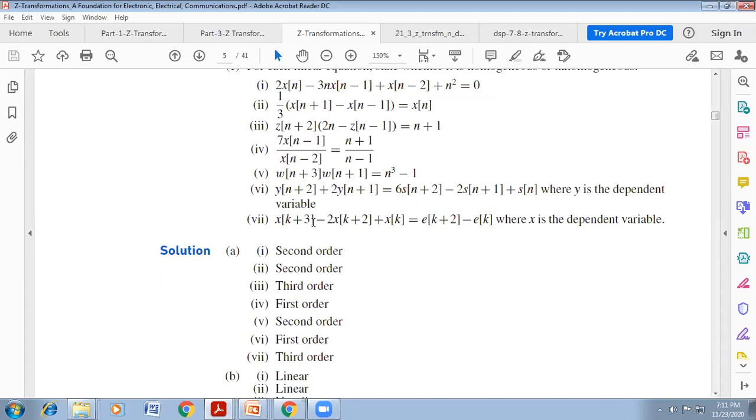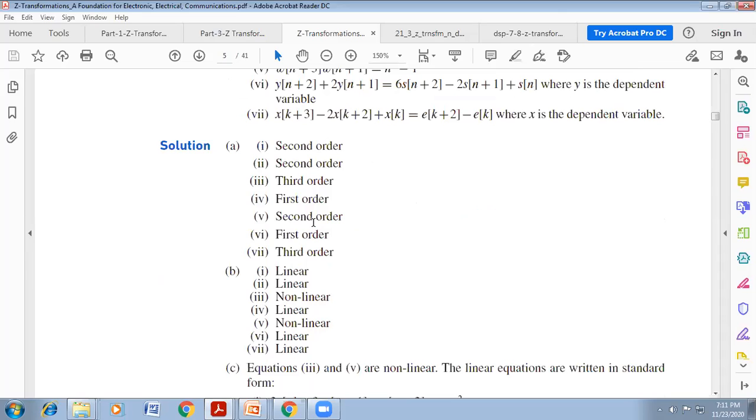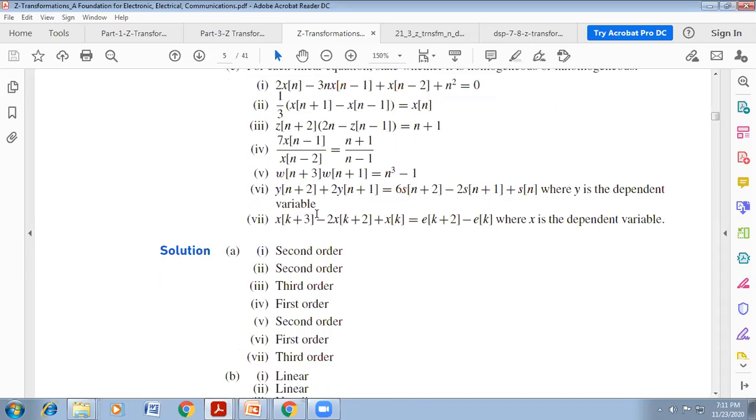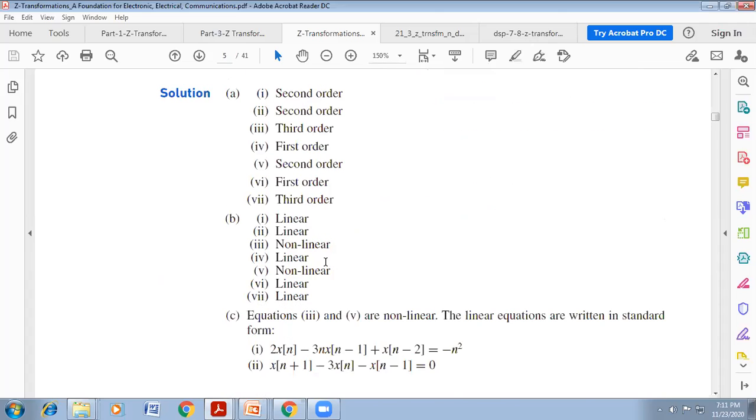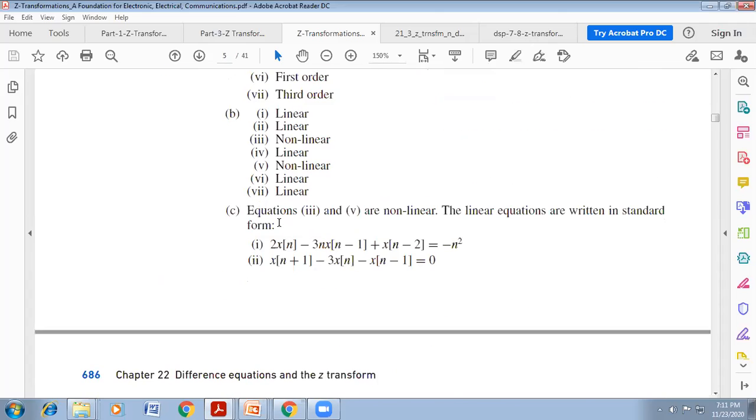Okay, using the same statement. Now in B, the first one is linear. I hope everybody can solve this. This is the actual answer. And for C, equations 3 and 5 are non-linear. Why non-linear we must know.